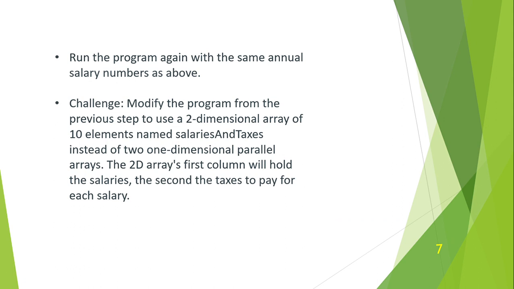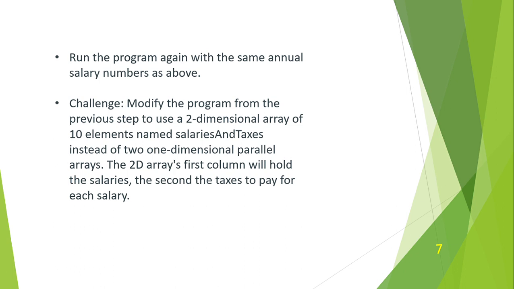And here we are going to perform one challenge. We are also going to run this program again with the same annual salary numbers as above, like 40,000 and 60,000. So the challenge is that we are going to modify the program from the previous step to use a two-dimensional array instead of, like in the last case, two parallel arrays, annual salaries and taxes to pay.